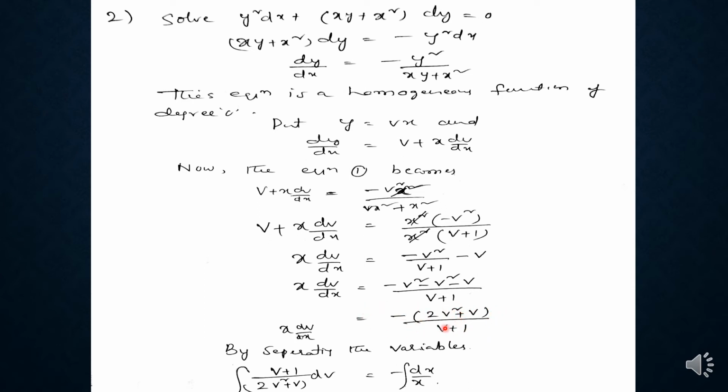So by transferring this function to the dv side, left hand side, this function will be inverted. v plus 1 by 2v square plus v dv is equal to minus dx by x. Now by integrating on both sides, after separating the variables, integral v plus 1 by 2v square plus v dv is equal to minus integral dx by x.